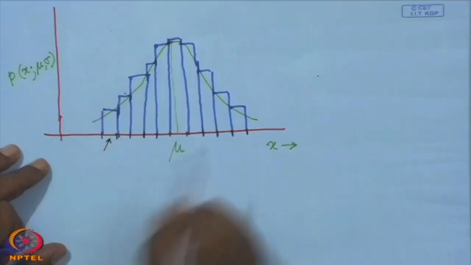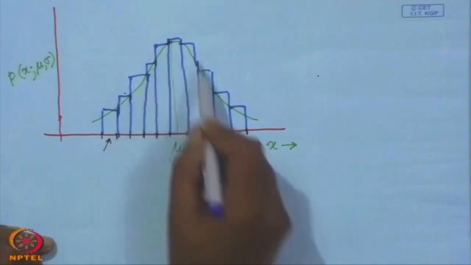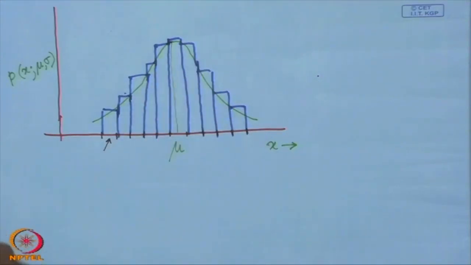This is a piecewise constant representation of this continuous probability density curve.